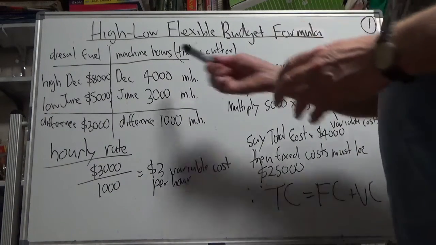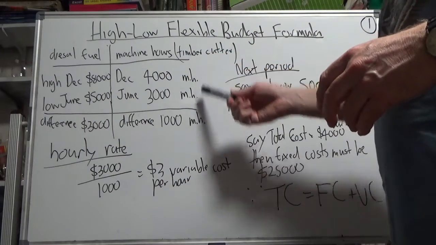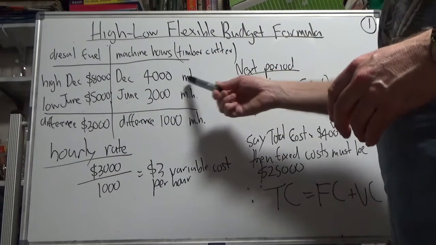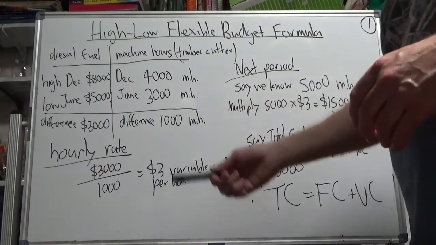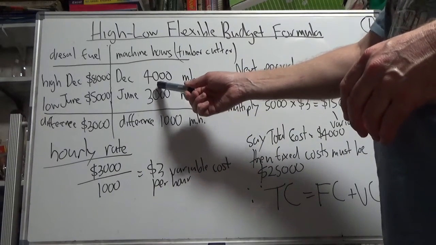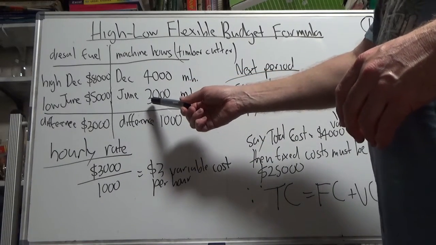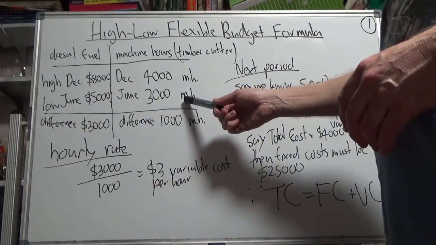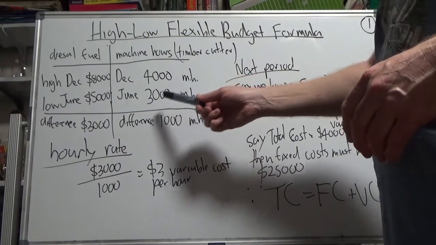So you've got a machine which is your timber cutter, measured in machine hours, MH, for all months. But you get the highest one, December 4,000, and the lowest one, June 3,000 in machine hours for your timber cutting operation.